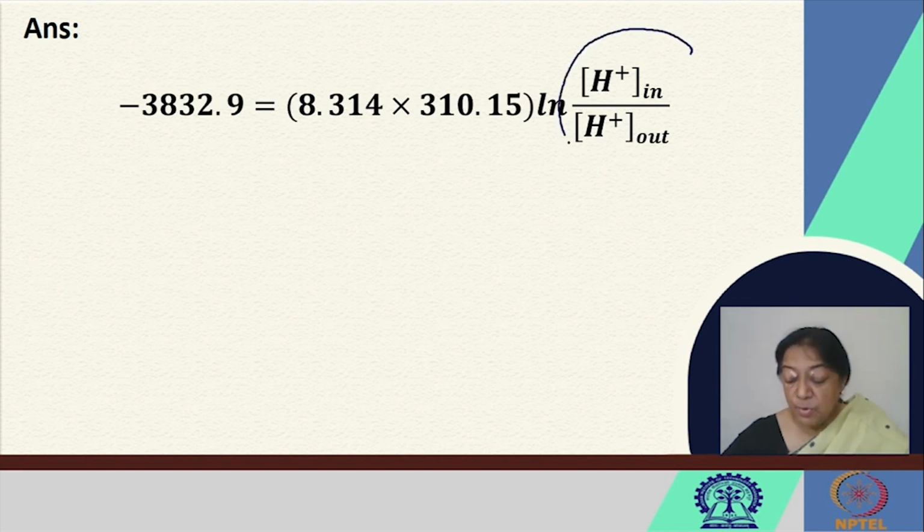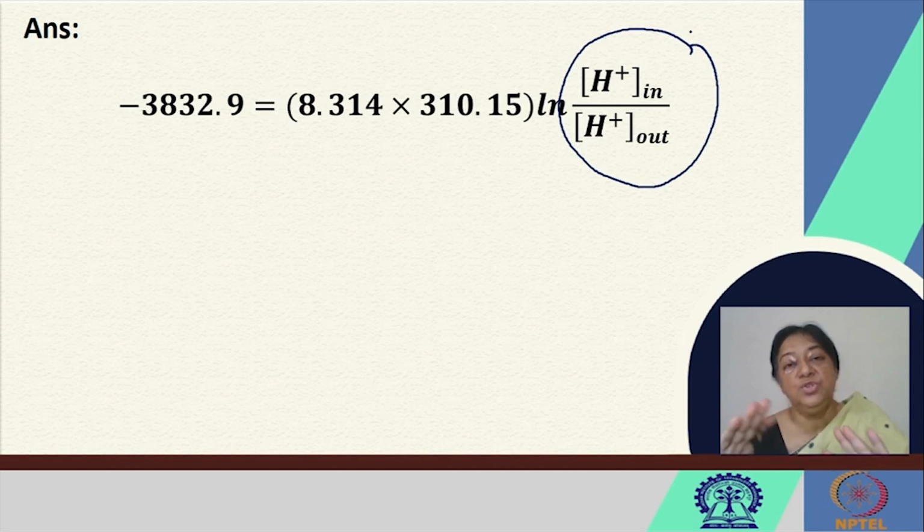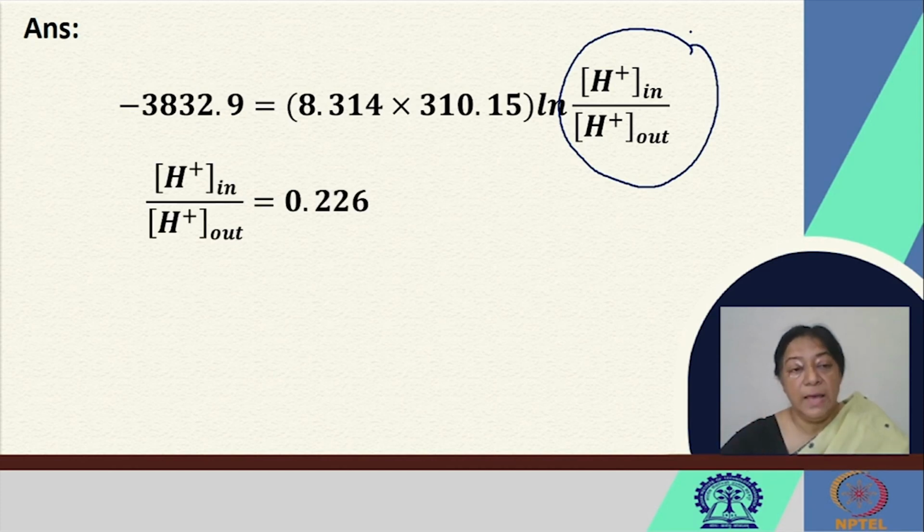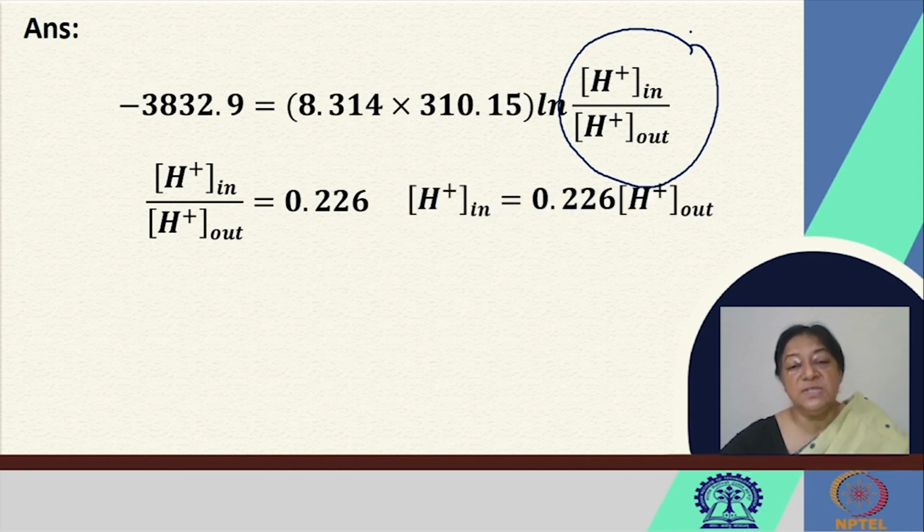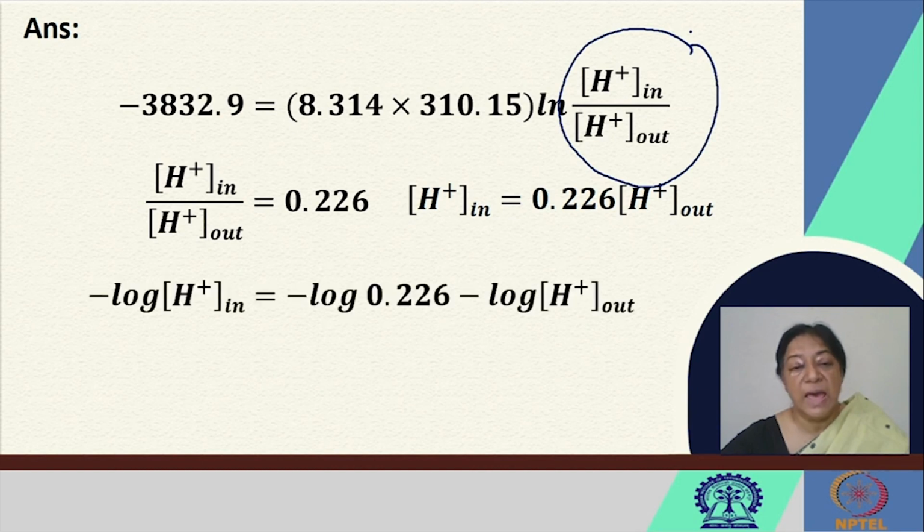We have a proton transfer associated with this process. If we remember the problem that we were looking at, we have an antiport here and we want to find out how these two can be connected. In this case, we have a concentration ratio of H plus in to H plus out of 0.226.